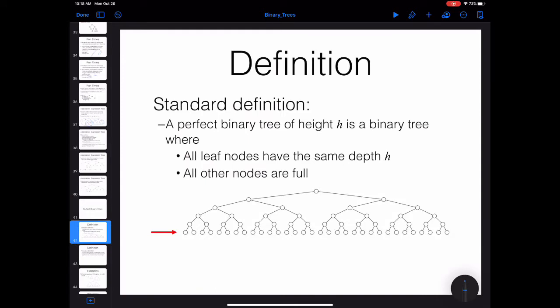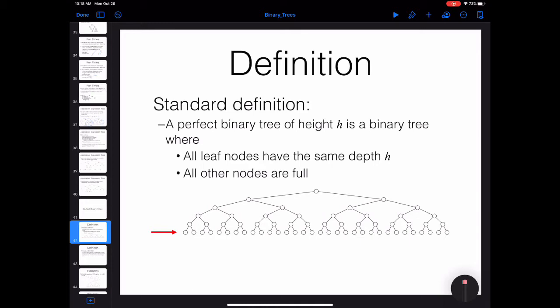So I'm going to first define a specific form of binary tree which is called a perfect binary tree. We will say a perfect binary tree of height h is a binary tree where all the leaf nodes have the same depth h and all other nodes are full.